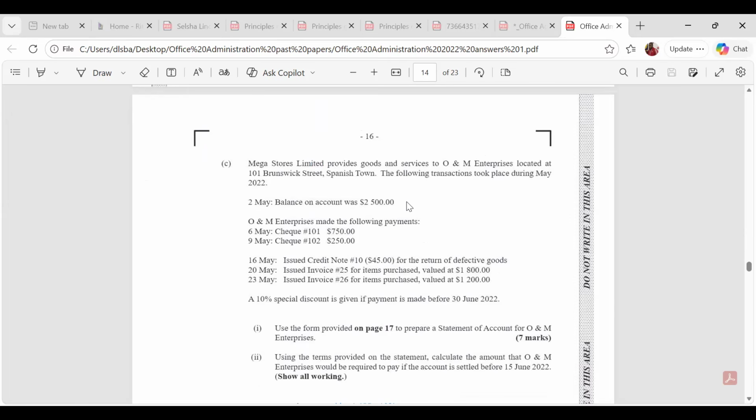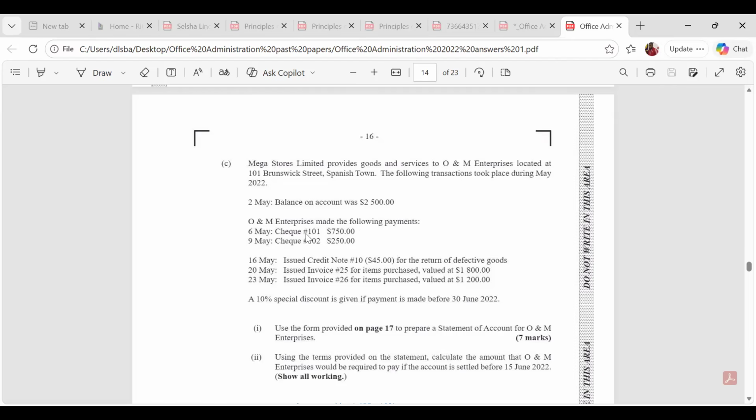Mega Store Limited provides goods and services for O&M Enterprises located at 101 Brunswick Street, Spanish Town. The following transactions took place during May 2022. On the 2nd of May, a balance of 2,500.